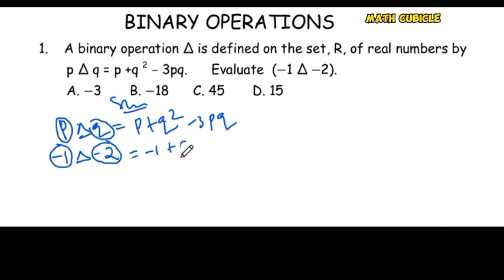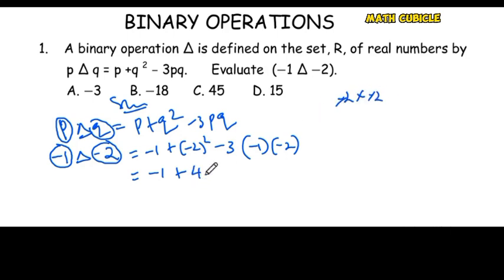So plus -2 squared minus 3 open bracket, P is -1, multiply by Q, and Q is -2. So this becomes -1 plus -2 squared is 4, because -2 multiplied by -2, minus cancels out minus, it becomes 4.